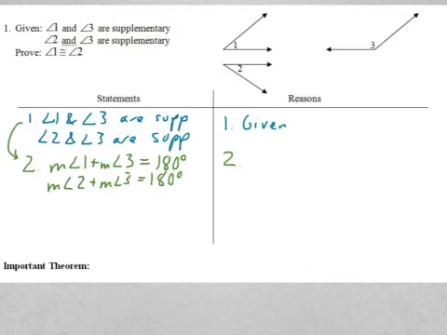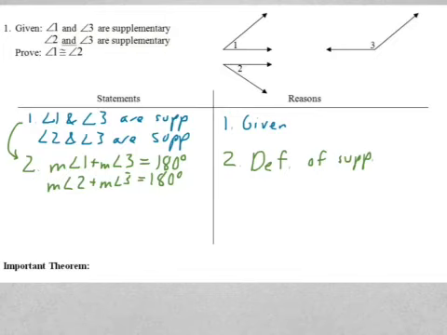What's my reason for saying that? Because I know what supplementary means. Definitions are also appropriate reasons for a statement. So here, my reason is definition of supplementary. Notice again, I'm abbreviating.